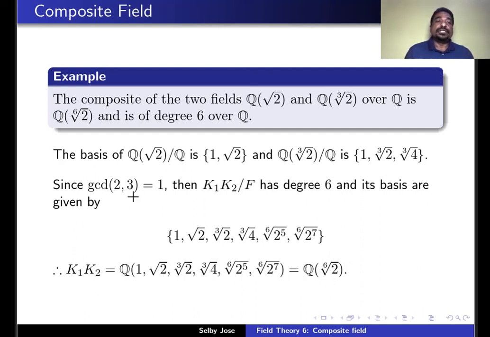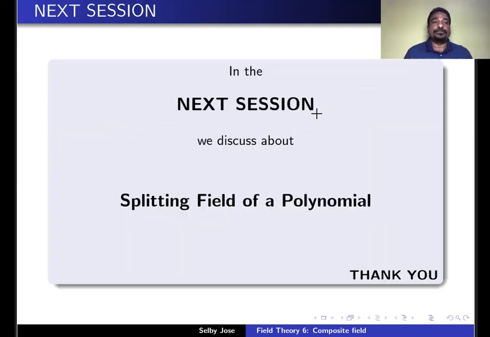Therefore the composite field of Q(root 2) and Q(cube root of 2) over Q is Q(6th root of 2), and is of degree 6 over Q.